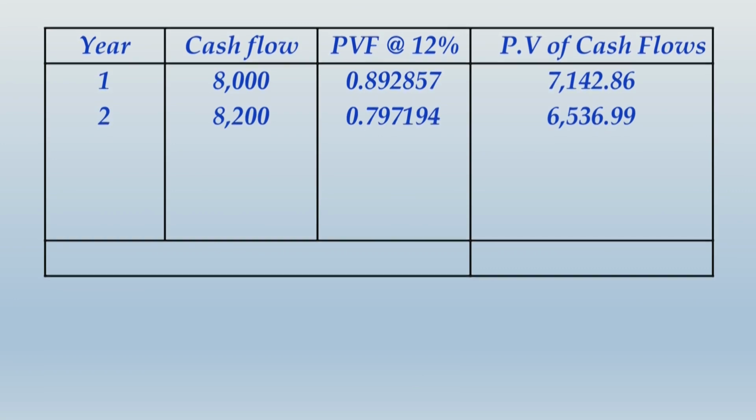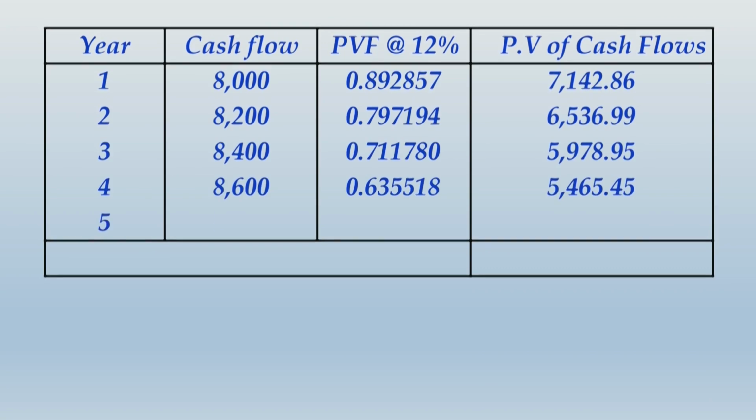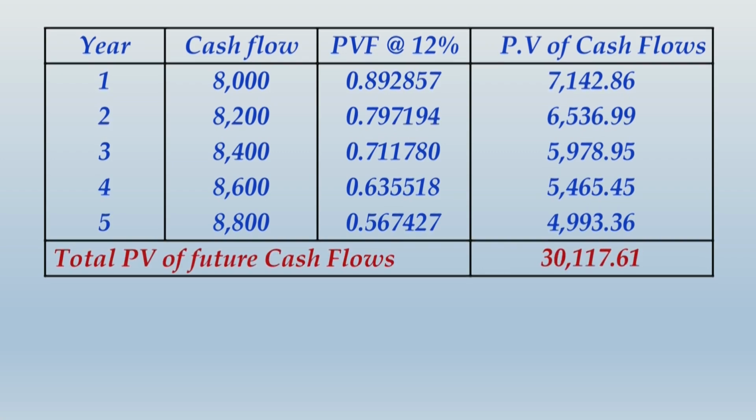That is what is informed. So first year cash flow was $8,000, then $8,200, then $8,400, then $8,600, and finally fifth year it will be $8,800. When you add up all these, you get the total present value of future cash inflows.